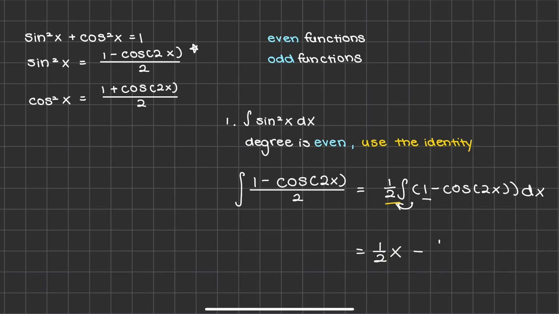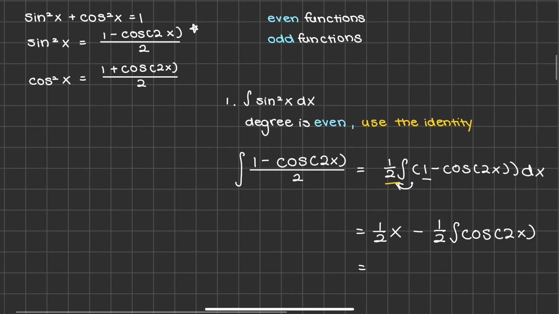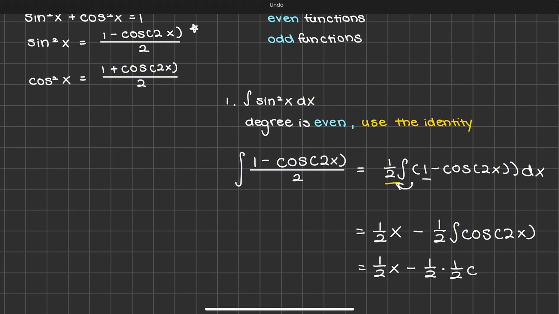So 1/2 x minus 1/2 the integral of cosine 2x. So what is the integral of cosine 2x? That would be equal to 1/2 x minus 1/2 times 1/2 sine 2x.